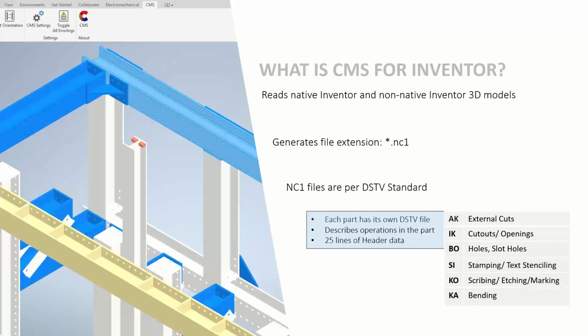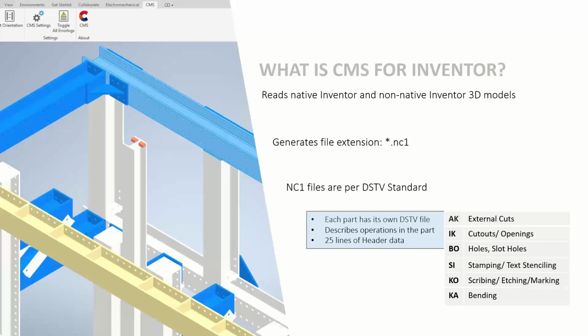Okay, for the folks who are new in this area and have no exposure to the NC1 file, the DSTV standard, a quick view is that you're going to have your DSTV file for each of your parts. All it does is describe your operations. So you're going to have a couple of blocks of operations in the DSTV file. For example, as you see on the screen, AK will represent your external cuts, anything to do with the border cuts.